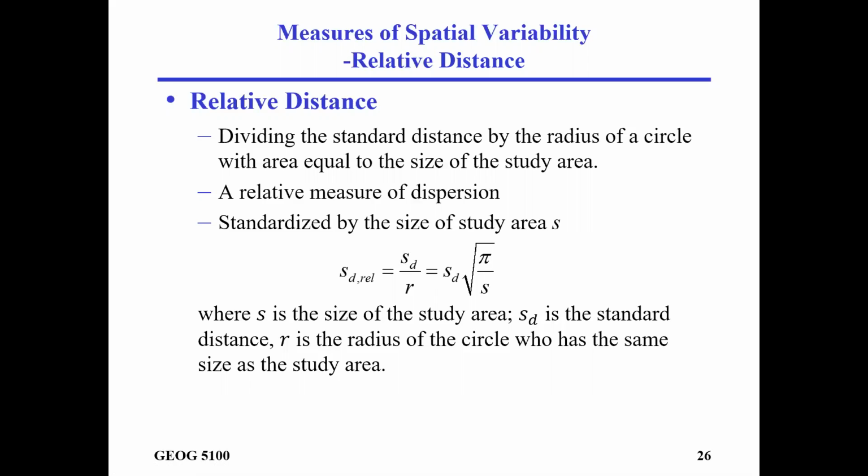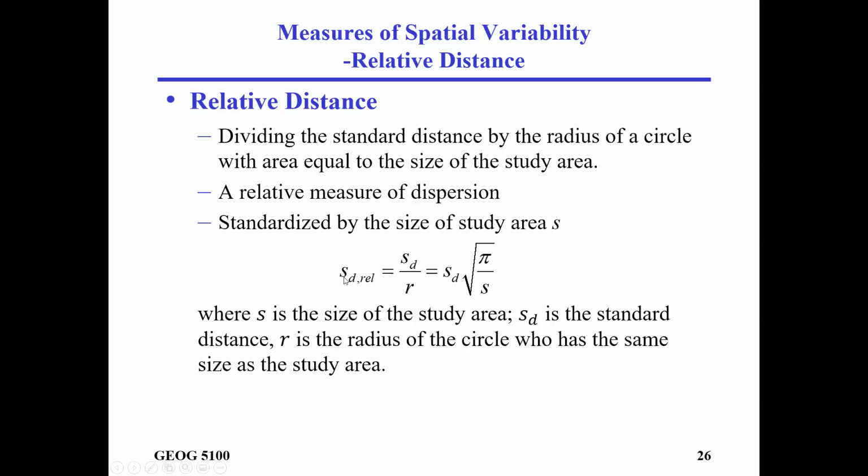Since you know the size of that assumed circle, you can calculate its radius, which means that no matter whether the study area is a circle or not, you will consider it as a circle and use its size to calculate the radius, even though that circle might be just in your mind because the polygon is not a circle. So that's the tricky part. So it is standardized by the size of the study area S.